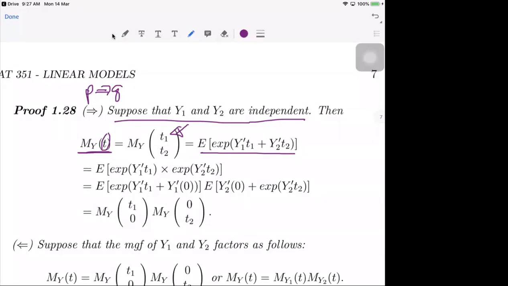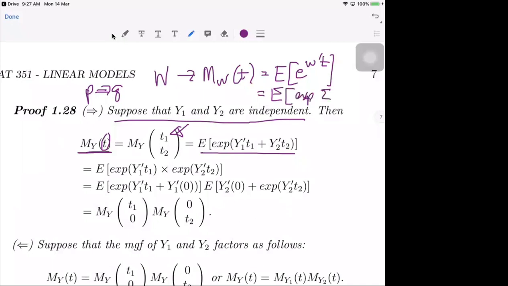So again, recall if you have a W, the moment generating function of W is equal to the expectation of e to the W prime t, or equivalently, you can write it as the exponential of the summation of wi ti, i from 1 to n.